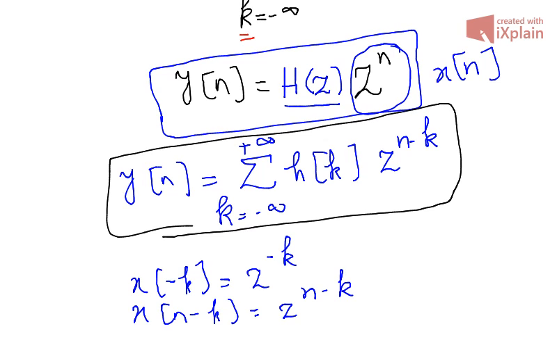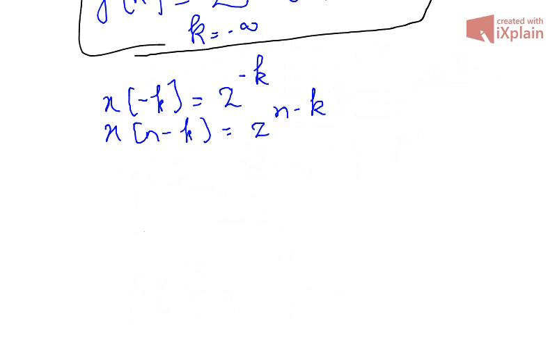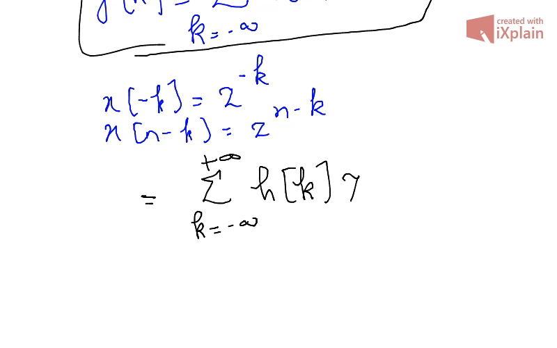If you solve this equation, you get the summation over all k from minus infinity to plus infinity of h of k, and you have z to the n and z to the minus k. Now this z to the n can be written outside the summation, because the running index is k.